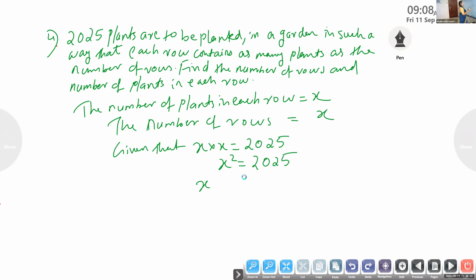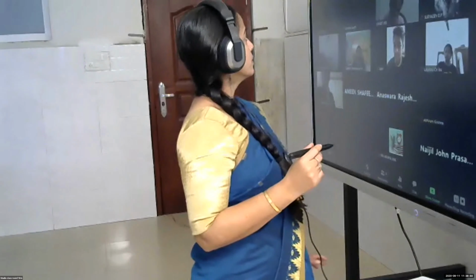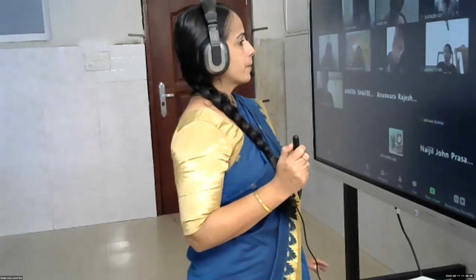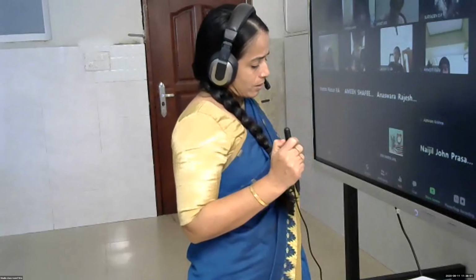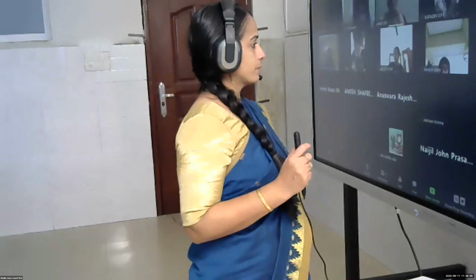So X equals root of X square, that is root of 2025. Find root of 2025. Root of 2025 is 45. Correct, 45.